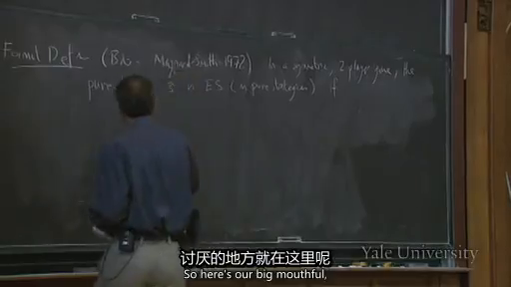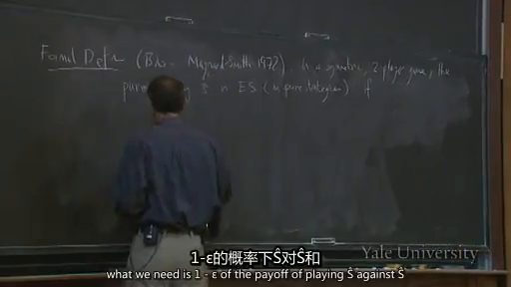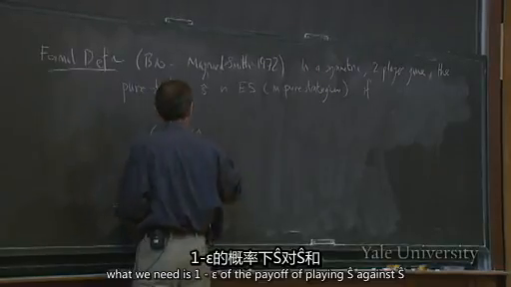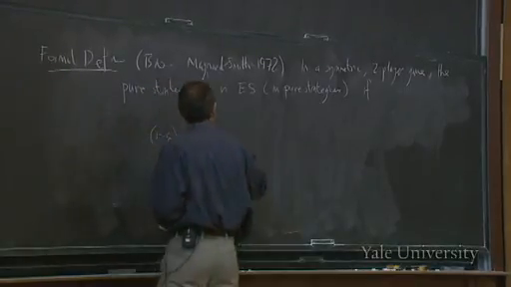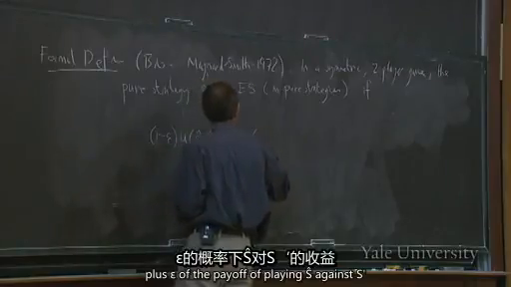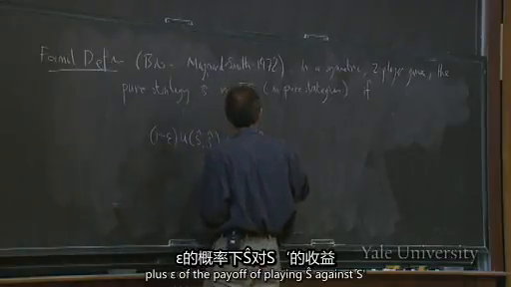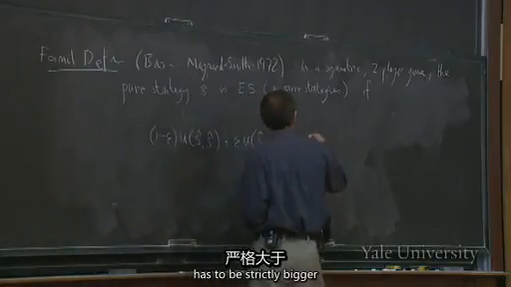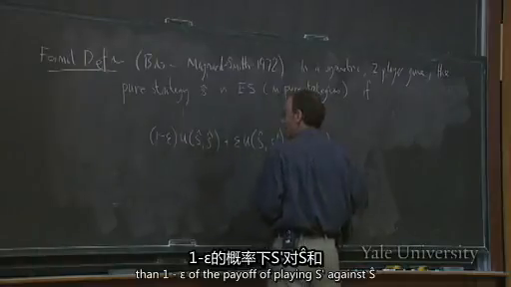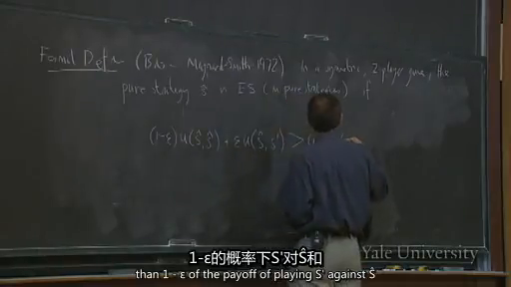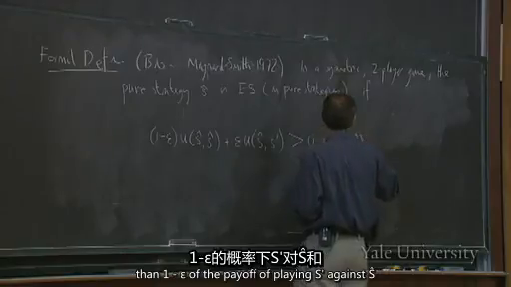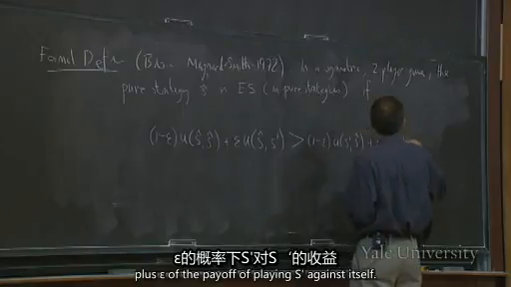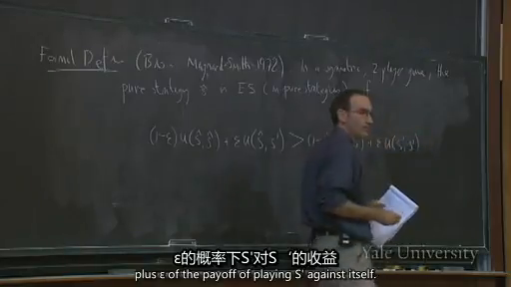All right, so here's our big mouthful. What we need is 1 minus epsilon of the payoff of playing S hat against S hat, plus epsilon of the payoff of playing S hat against S prime, has to be strictly bigger than 1 minus epsilon of the payoff of playing S prime against S hat, plus epsilon of the payoff of playing S prime against itself.